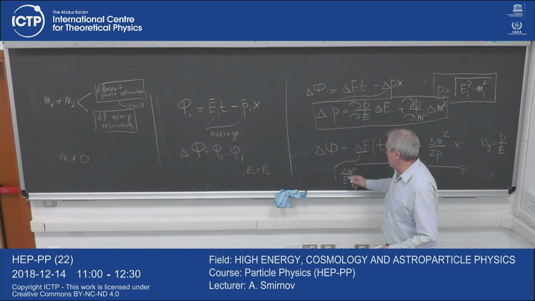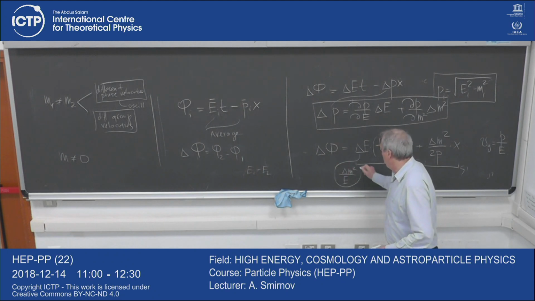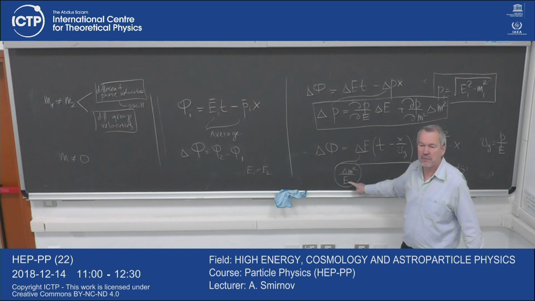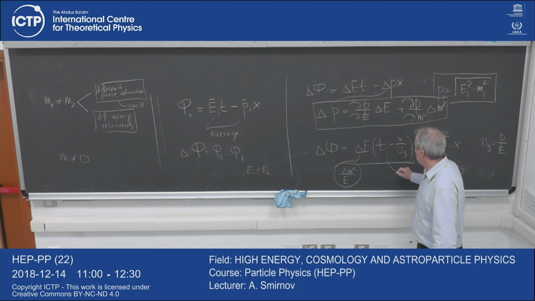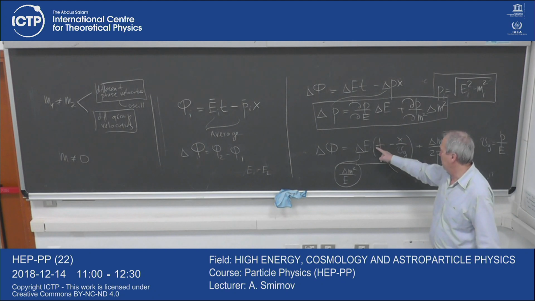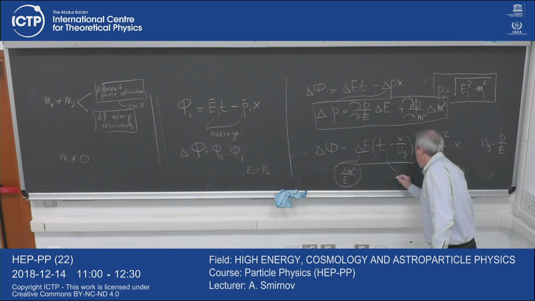Just on dimensional grounds you can find this, but you can do it in a more precise way. So delta E is proportional to delta m squared over energy. Now, what is this? This is T minus X over V group. I can multiply by the group velocity, then I get X here, and here is V group times T. This is proportional to sigma x.